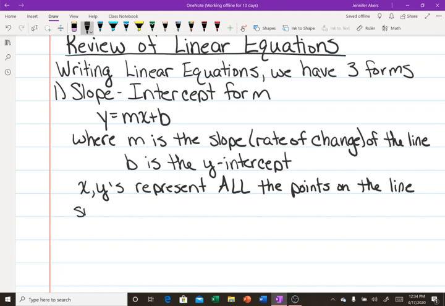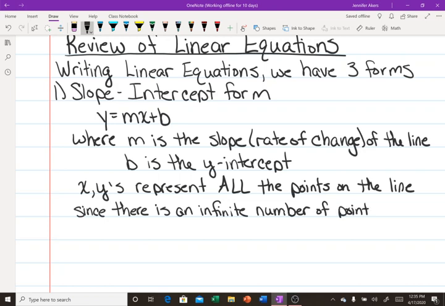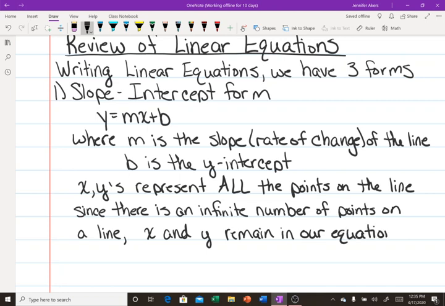So since there is an infinite number of points on a line, x and y remain in our equation unless they are equal to 0 everywhere.